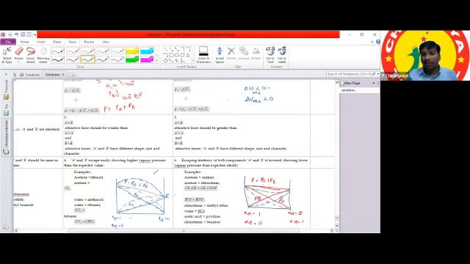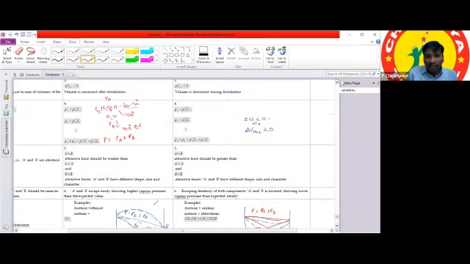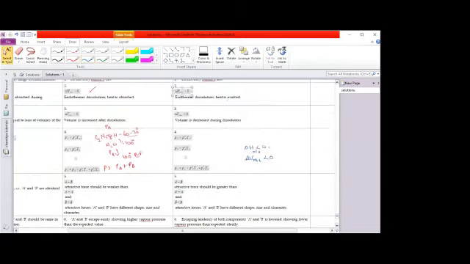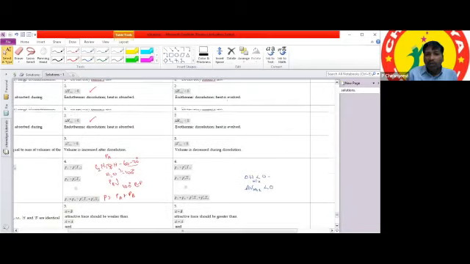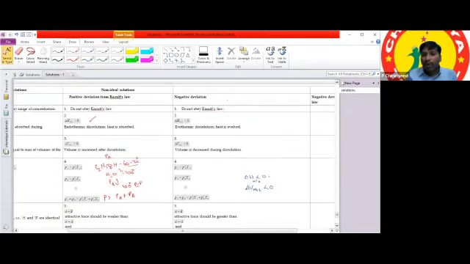Second, for ideal solutions, what about the change in enthalpy value? For ideal solutions, the change in enthalpy value is equal to 0. For non-ideal solutions, what about the change in enthalpy value?